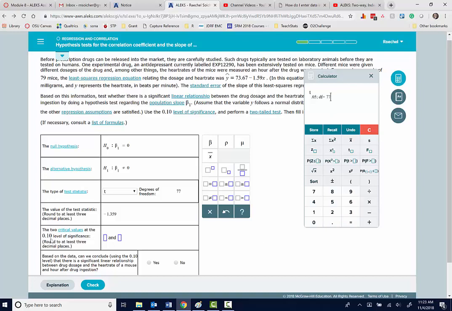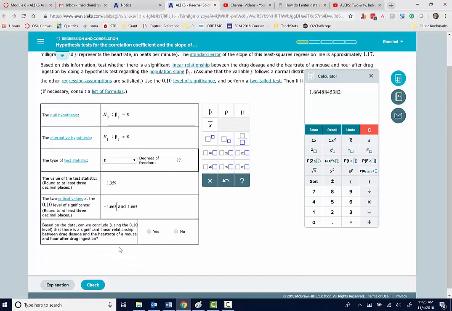So our lower bound is negative this number, negative 1.664, and our upper value is positive 1.664. Actually, let's round that to a 5 at the end.